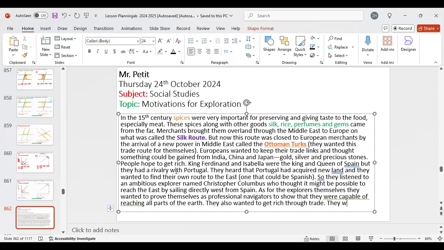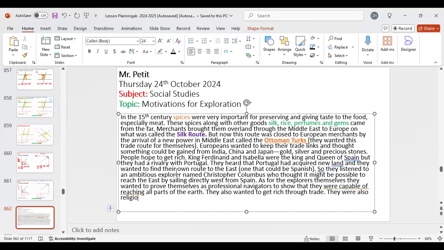They were also religious men and considered it part of their God-given duty to convert any so-called heathen that they found.